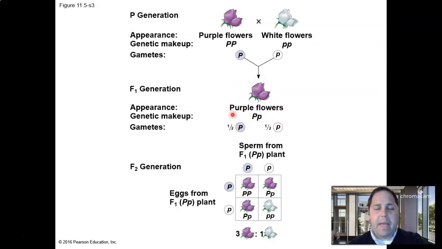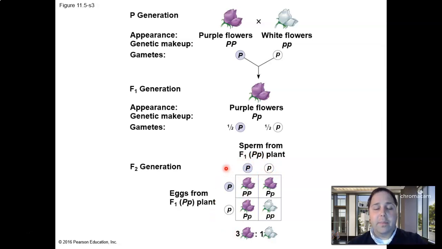They are purple, but they have both genes inside their genome. When they make gametes, half of their gametes will be big P, and half of their gametes will be little p because of the process of meiosis, which means that when we combine one of these purples with another one of these purples, we can make this diagram called a Punnett square, where we put the 2 possibilities of a sperm, one is a big P, one is a little p.